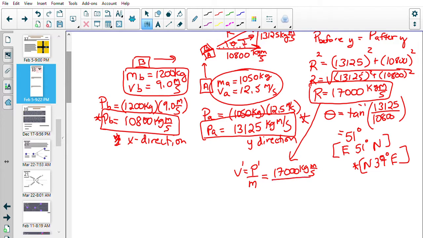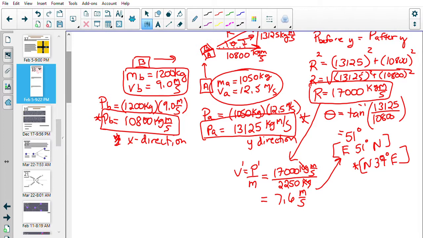We will then divide by the total mass, and the total mass of the objects is 2,250 kilograms, and you are going to get a resultant velocity of about 7.6 meters per second, and the direction is exactly the same as the direction of the momentum. So there's our first problem solved.